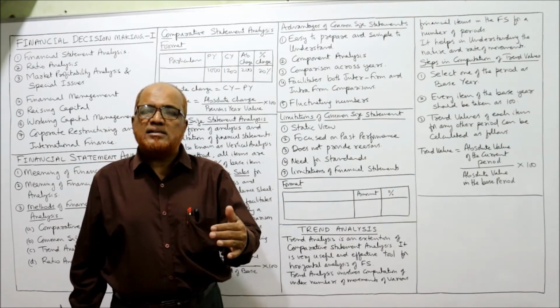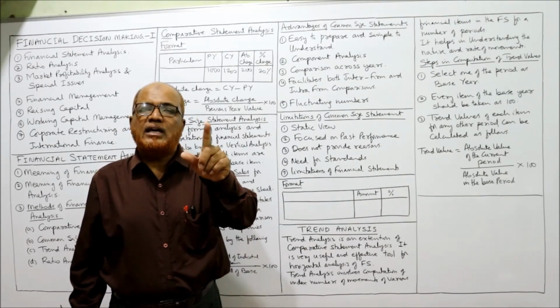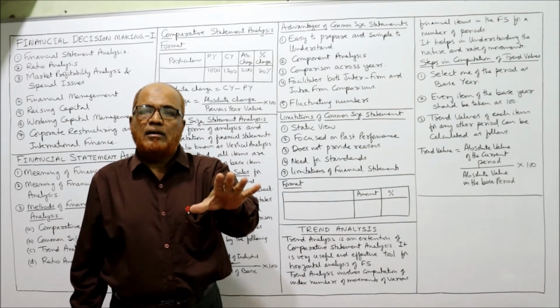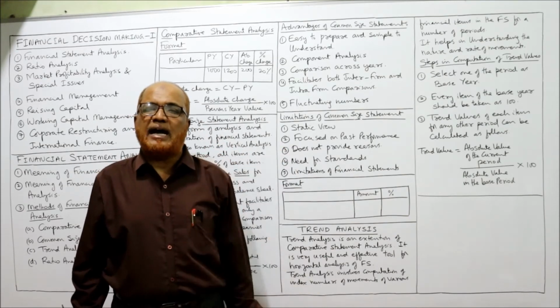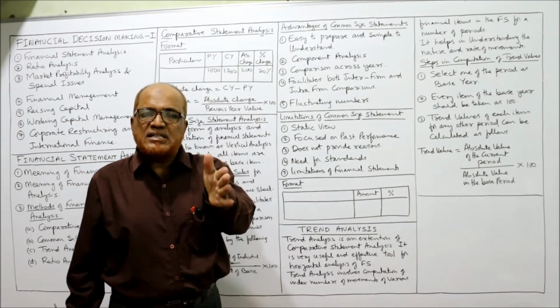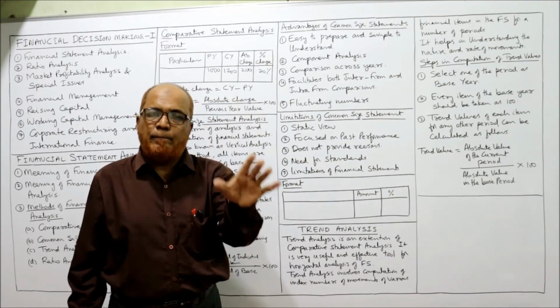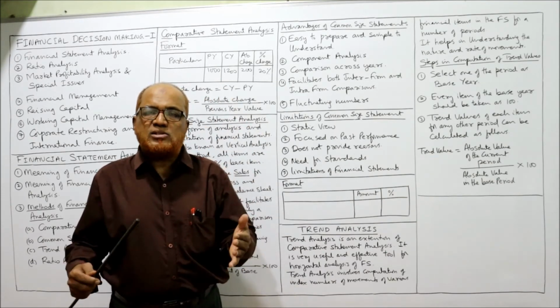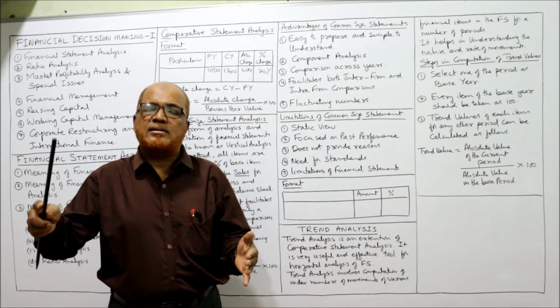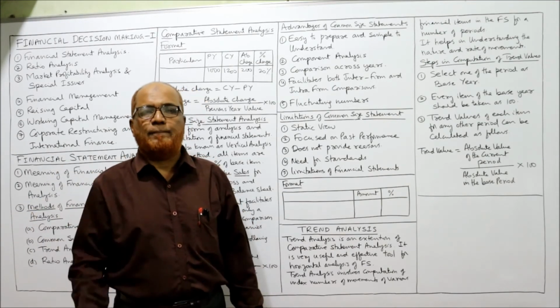So how to calculate the index number? We have to treat one of the years as the base year. Suppose 5 years of data is given, the first year normally we take as the base year. Now we express all the values as a percentage of the base year.